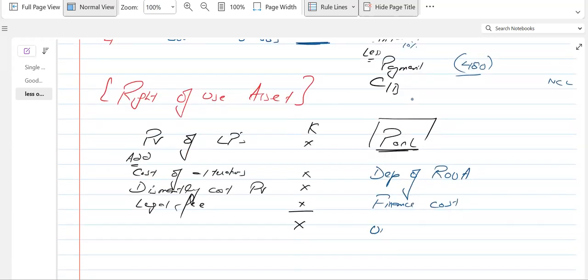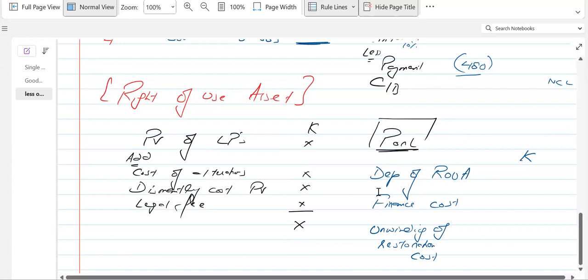And then the unwinding of the dismantling cost, decommissioning cost, restoration cost. So these three figures will go to the statement of profit or loss.